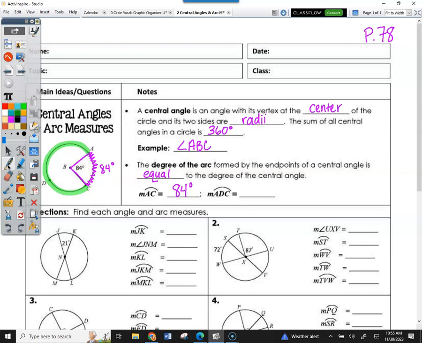Well, if the purple arc is 84, do I know enough to find the green arc? Remember, the whole distance around is 360. I know this chunk's 84, so the measure of arc ADC will be 360 minus 84, which is 276. That is the math behind this practice sheet.